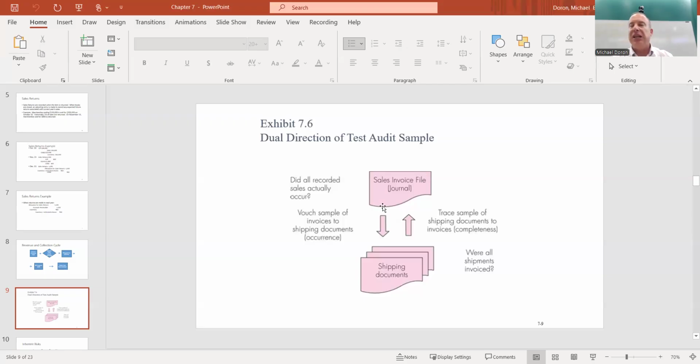Okay. So you test the existence or occurrence of the sale by going from the journal entry and vouching to the shipping document. And then what's the other way around? What would you be doing? Tracing, and we call that is testing. Tracing is testing completeness. What exactly are you doing?